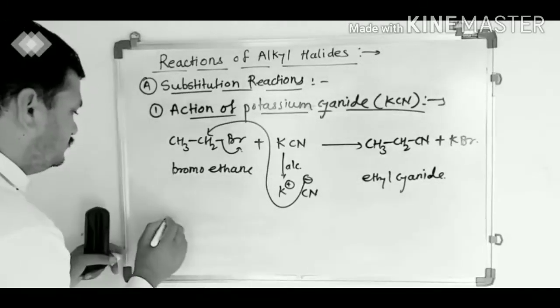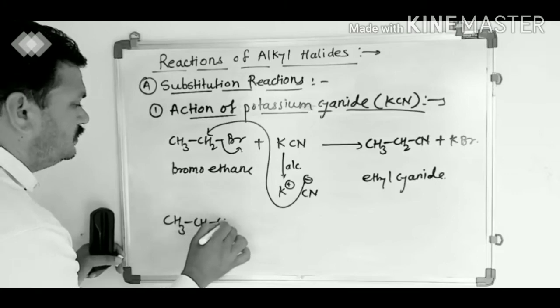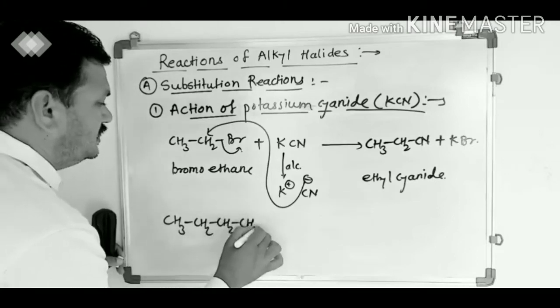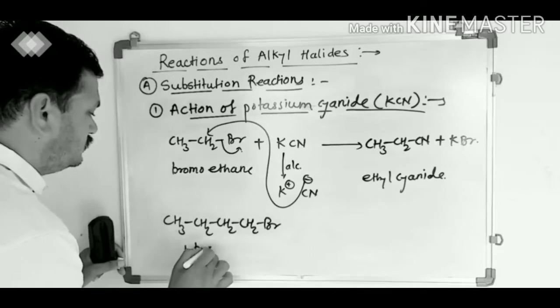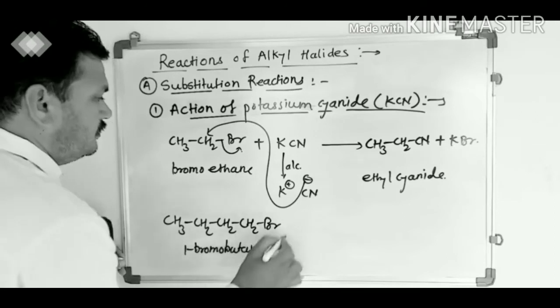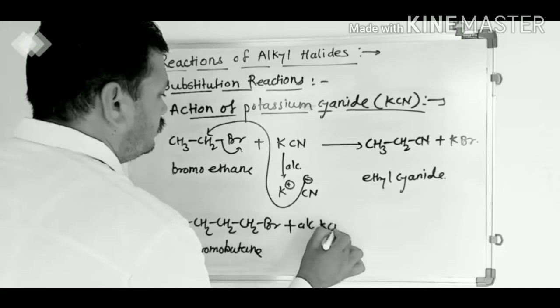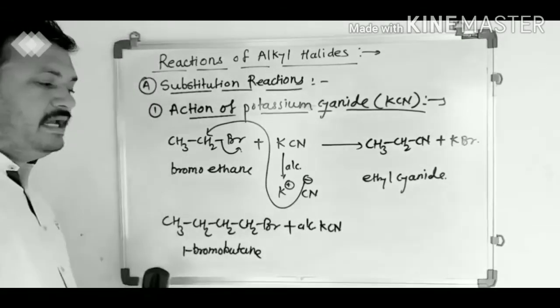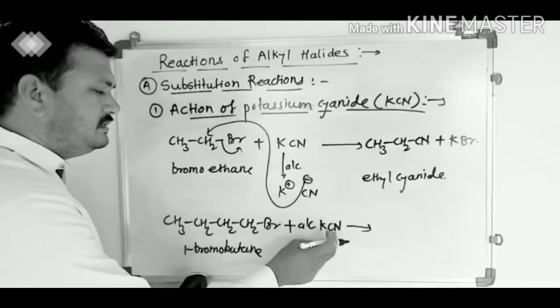Second example, CH3CH2CH2CH2Br, 1-bromobutane. When it is treated with alcoholic solution of potassium cyanide, same reaction will take place. This CN minus acts as a nucleophile.